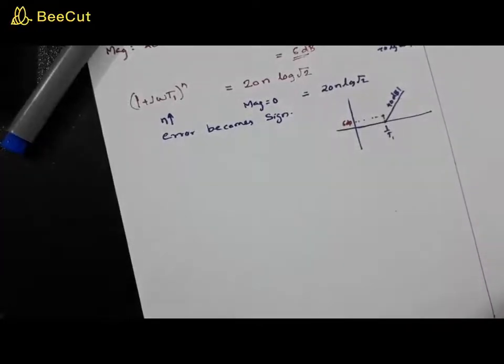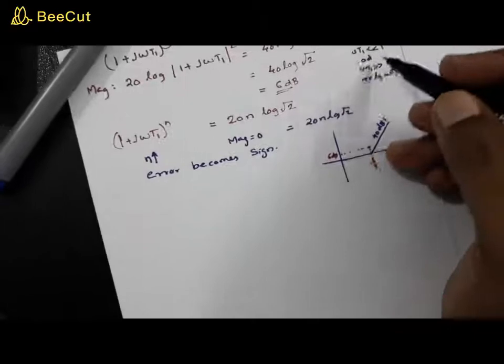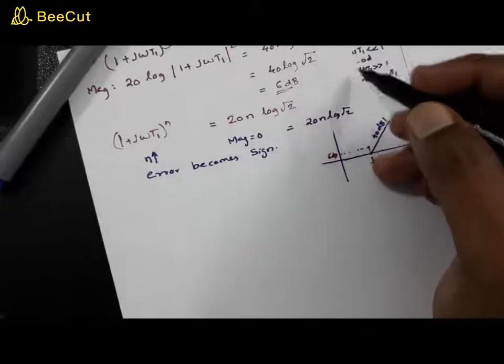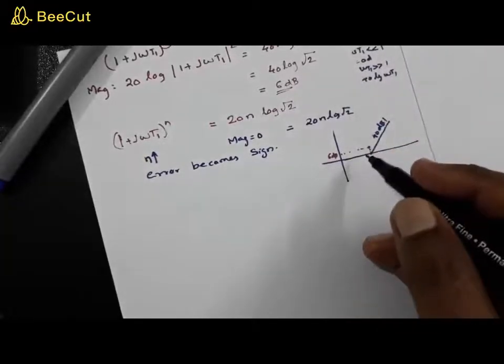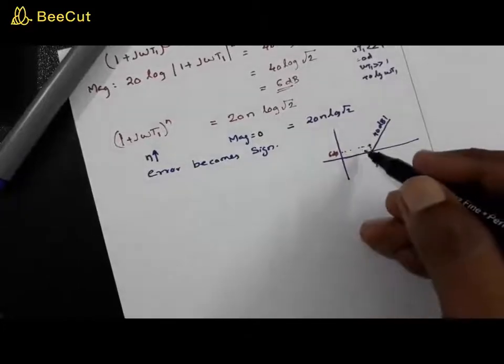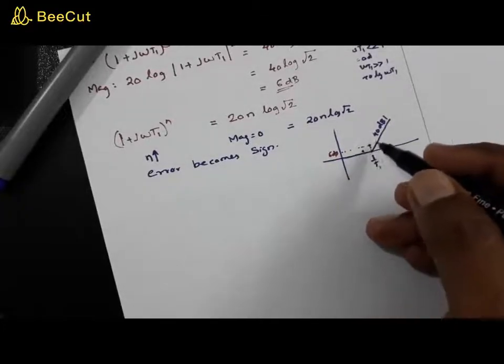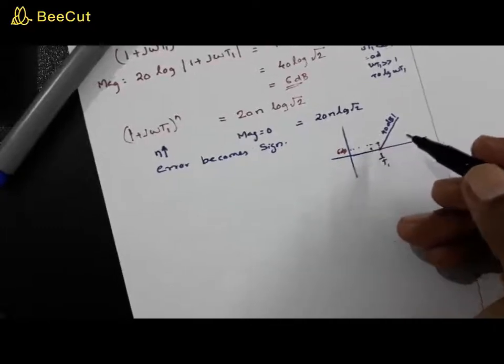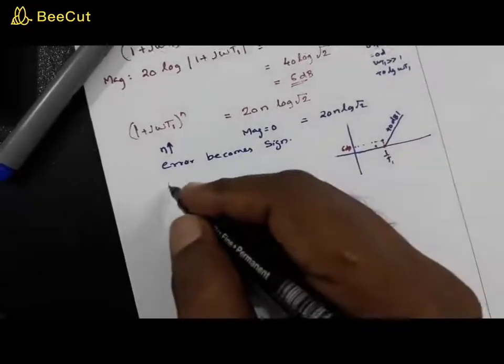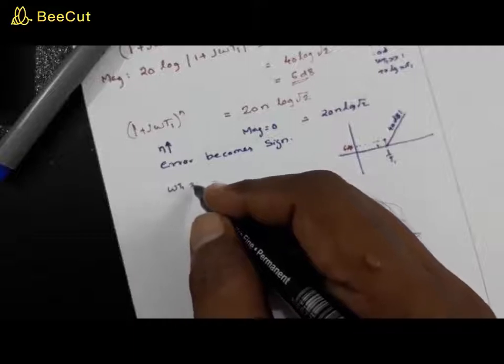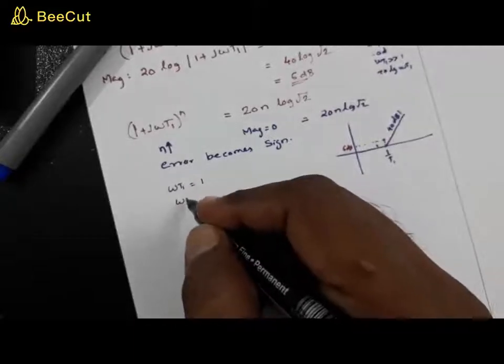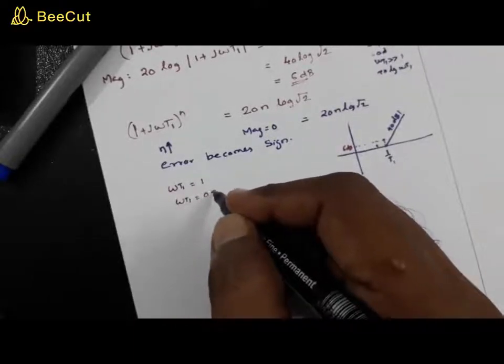That means the values closer to unity become significant as n increases. So you can also find the point somewhere over here. It will not be like this. So what we do is consider omega t1 as 1, and you must also consider omega t1 as 0.5.